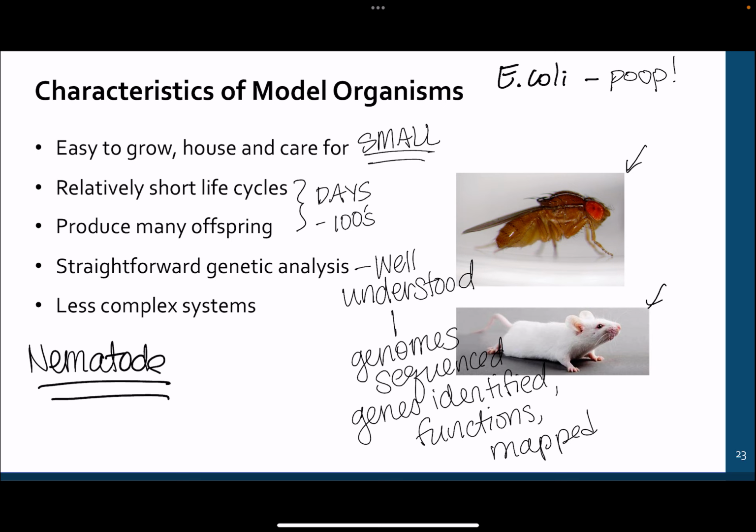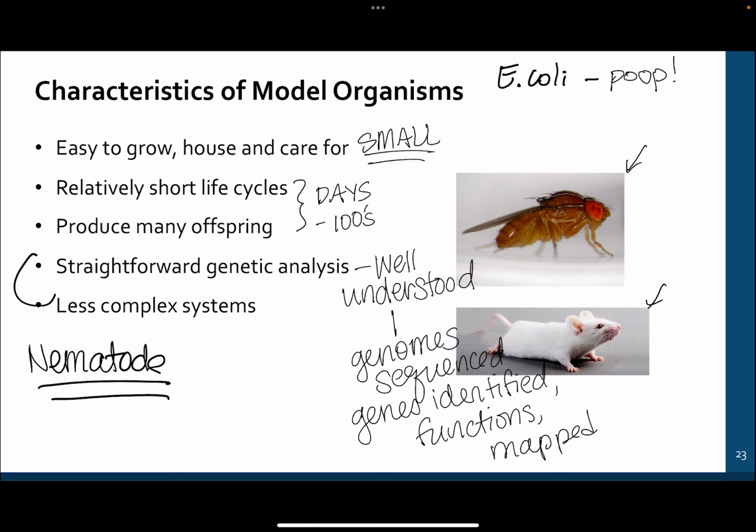A mouse is not necessarily less complex than a human, but it is smaller, and so that makes it a little bit easier. So straightforward genetic analysis and less complex systems are not necessarily a requirement, but they do help with making a model organism useful for studies.